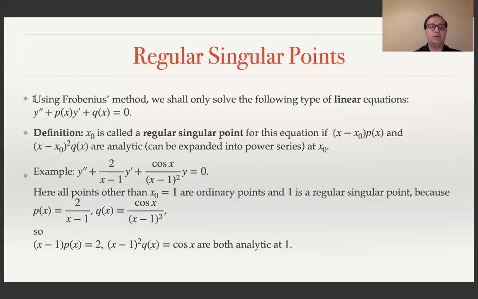We are going to use the Frobenius method only to solve linear equations, and to make it simpler for us, we'll only try to solve second order linear equations. So let's consider a second order linear equation written in this form: y double prime plus p of x y prime plus q of x y is equal to 0.